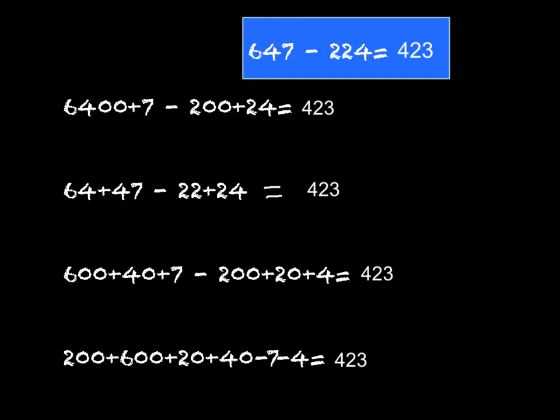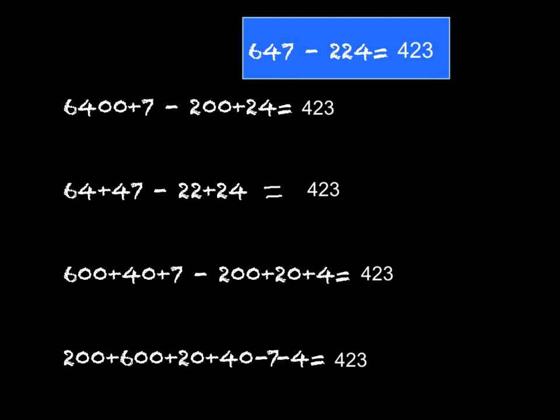For starters, you've got 6,400, and if I look at the top example, there's no thousands in this number, so that's incorrect. If we look at the second one, this time we've got 64 plus 47, but in my top example, my number is 647, so that can't be right either. In my next example, I have 600 plus 40 plus 7. Let's break up this number and see if it matches. 600 plus 40 plus 7.